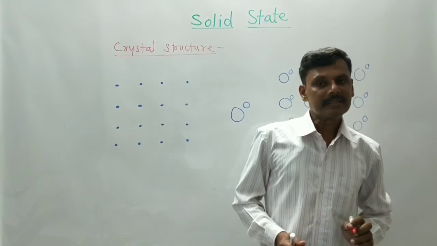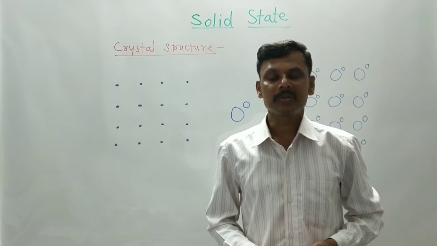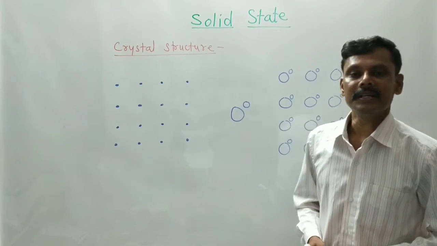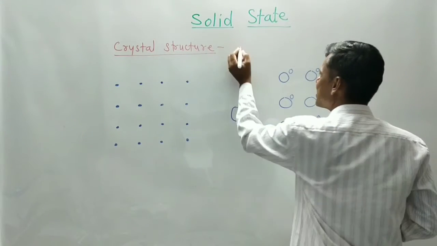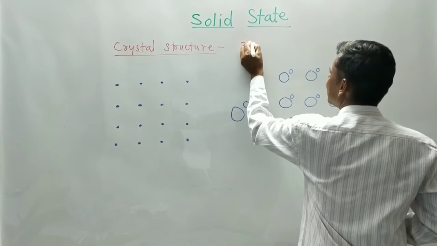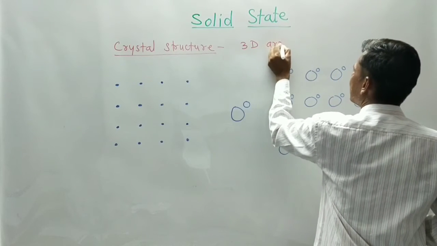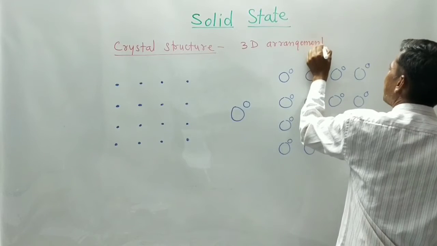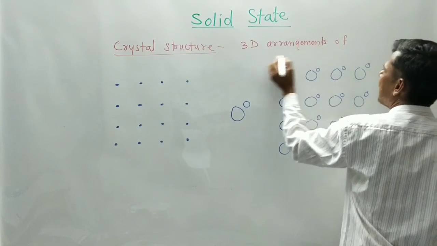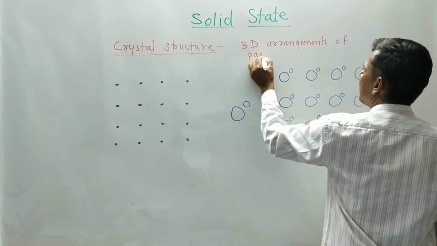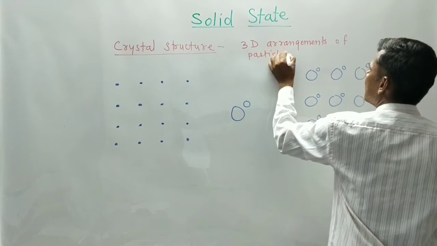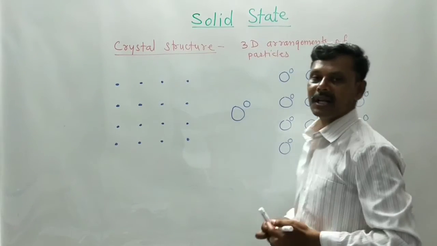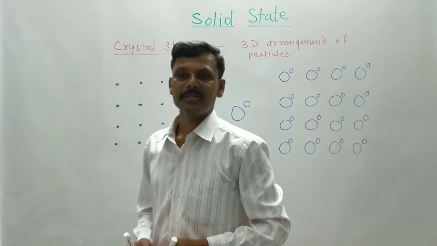What is crystal structure? Crystal structure is the three-dimensional arrangement of particles.